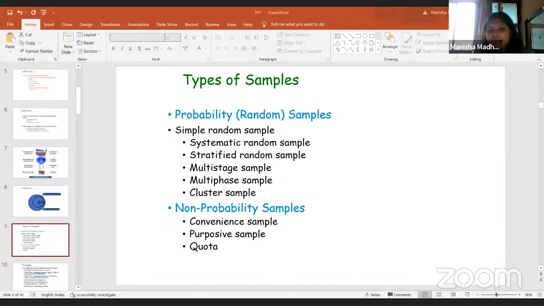Next is your multi-stage sampling. So under multi-stage, the sampling is done through various stages, okay, but only the last sample of the subject is studied, only the last sample. For instance, suppose you want to conduct a study of the proper implementation of the Swachh Bharat Abhiyan in Delhi. So now Delhi is divided into various zones, namely east, west, south, and north.